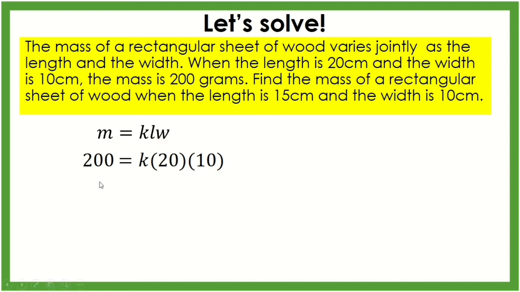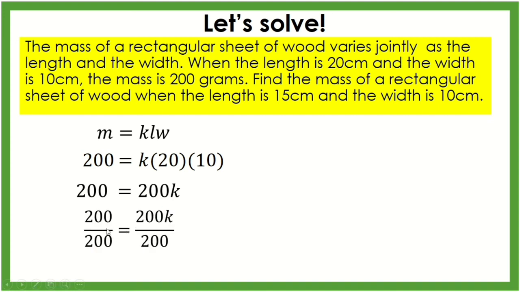Then, copy 200 equals, multiply 20 times 10, it is equal to 200 times K. Divide natin both sides by 200 or multiply by 1 over 200 both sides. We have 200 over 200 equals 200K over 200. So, K equals 200 divided by 200 is equal to 1. So, ang value ng K natin is 1.